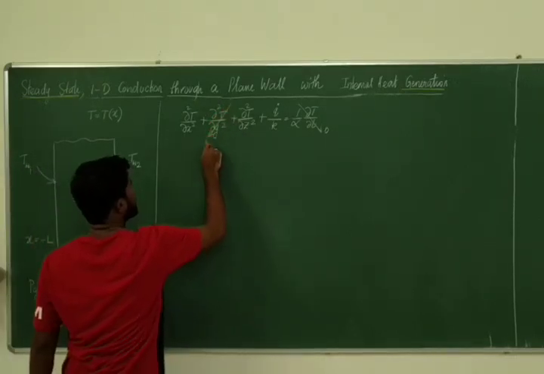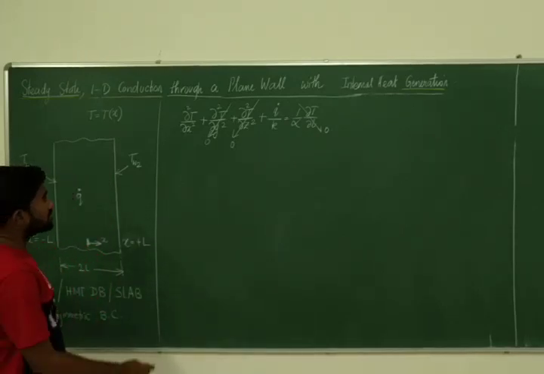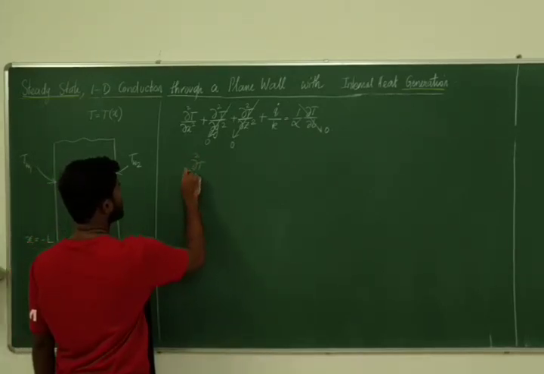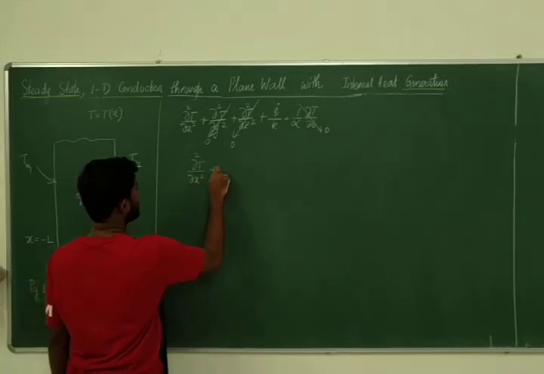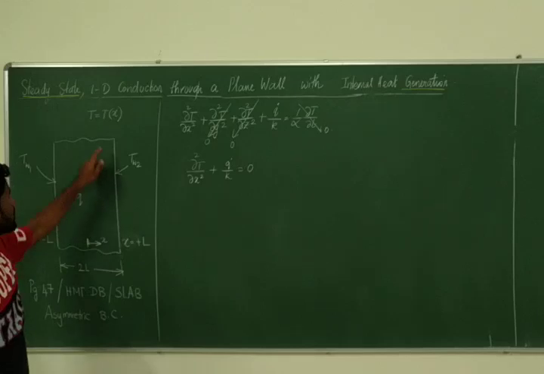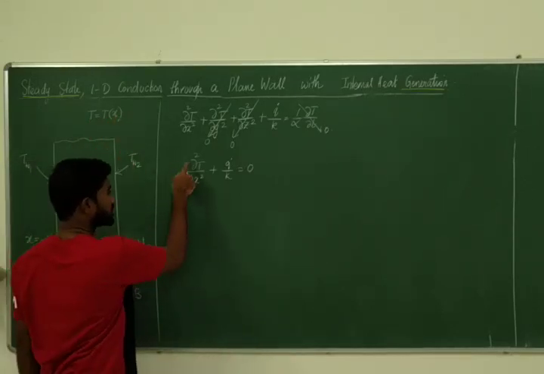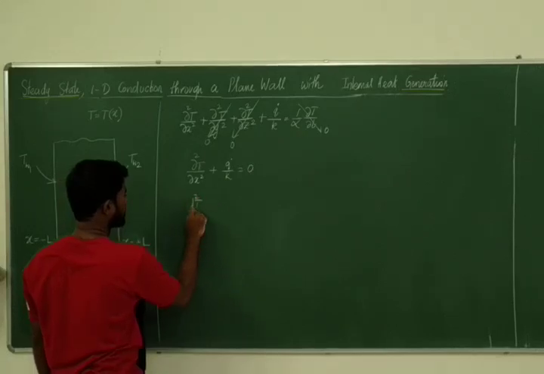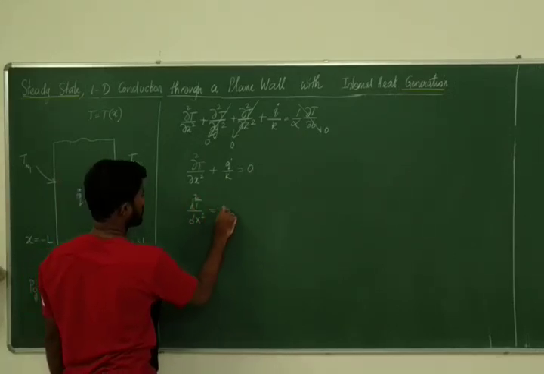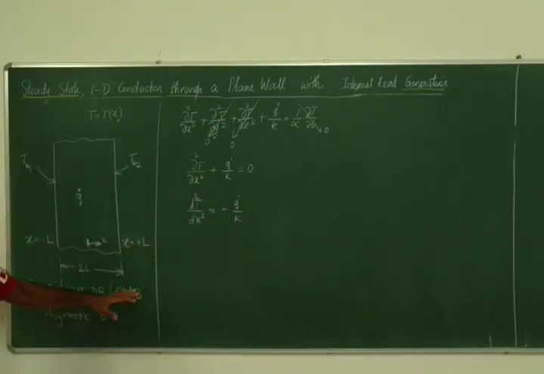So the derivatives with respect to y and z are zero. Now my governing differential equation becomes d²T/dx² + q̇/k = 0. Because temperature is only depending on x, no other variable is present, I can replace these partial derivatives with ordinary derivatives. Is it clear? So this is the first step.